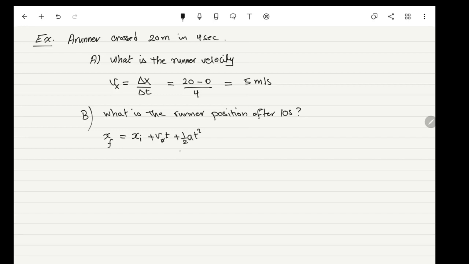Since the runner is moving with constant rate, the acceleration here is equal to 0. Now, x final here equal to the initial position, it's 0, plus the velocity, we just calculated from the previous part, it's 5 multiplied by 10, so it's equal to 50 meters.